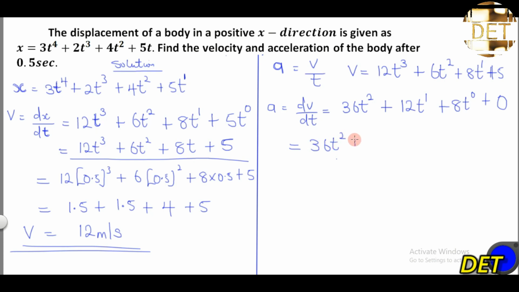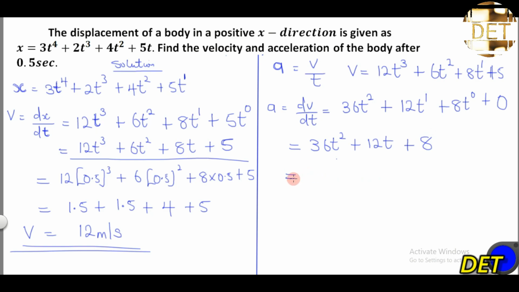So this will be equal to 36t raised to the power of 2 plus anything raised to the power of 1 is equal to that number, right? So 12t raised to the power of 1 is still the same thing as what? 12t plus t raised to the power of 0 is what? 1. 1 times 8 is what? 8, right? So that will be plus 8.